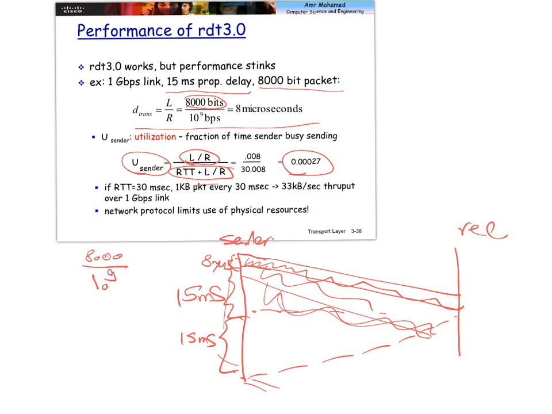So here, the propagation delay is an abstract end-to-end delay between all the routers. By the time the packet passes all the routers to go to the actual receiver, the receiver will send me an acknowledgement, which will take another 15 milliseconds to come back. Okay, I waited for 30 milliseconds, but I actually used the channel only for 8 microseconds. So the utilization here is very low.